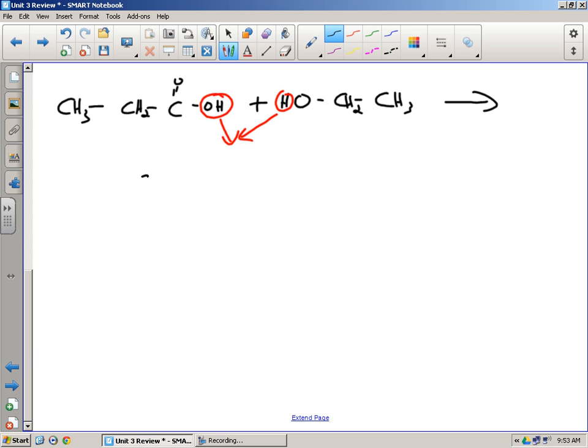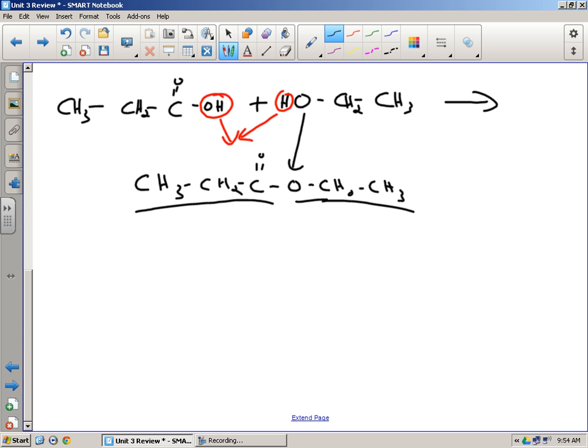And of course, you'll get, as a result, CH3, CH2, C, double bond O. This O is part of right there, basically, and then CH2, CH3. This is from the alcohol, that's the alcohol part, I guess. And then, of course, the other part is the acid.